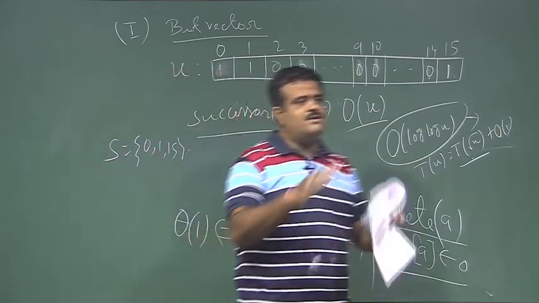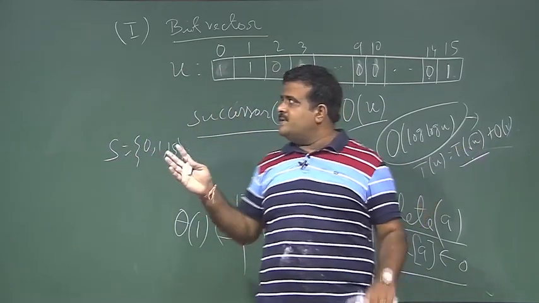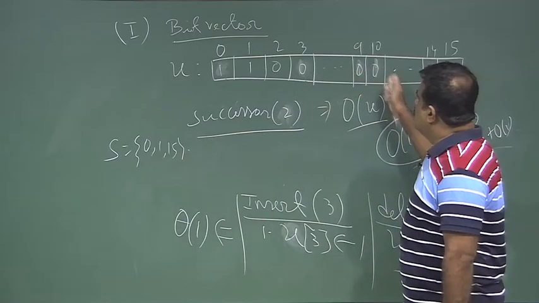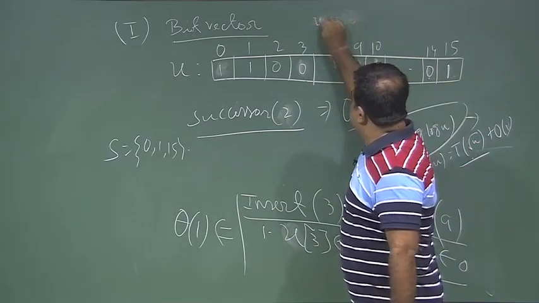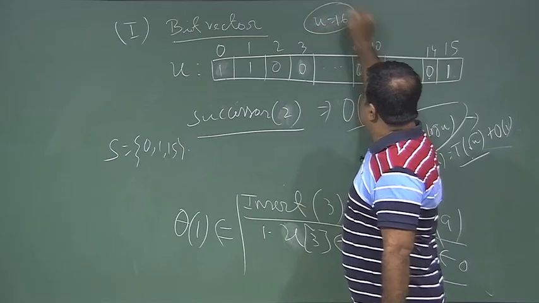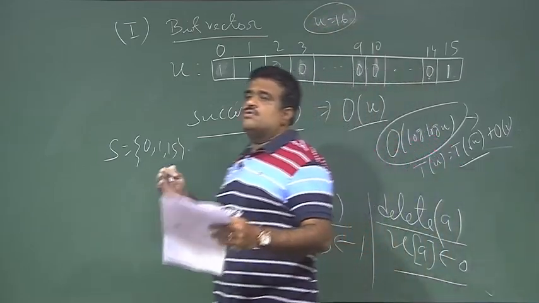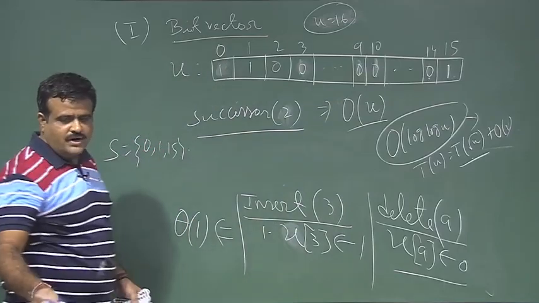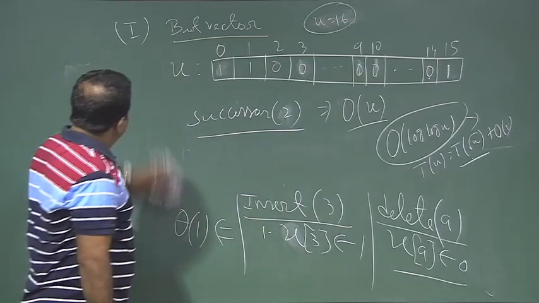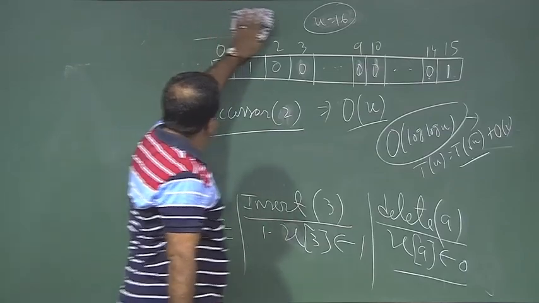We have u elements; for our example u is 16, small u is 16. How can we make it into root u? I mean, root u is 4. Any idea how to get a root u from this? That is the next step.